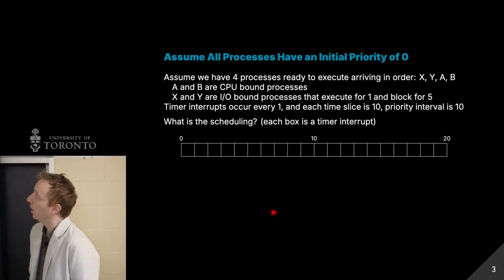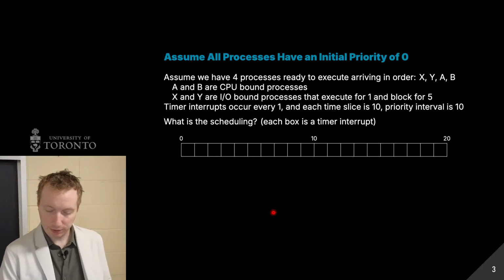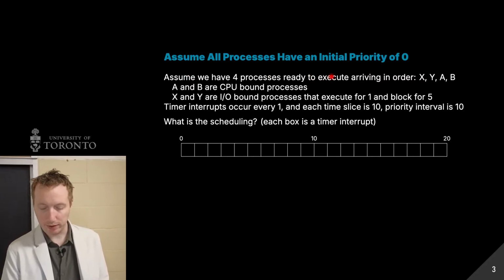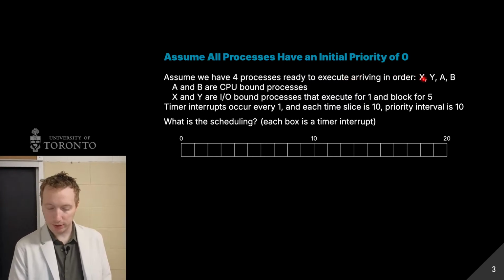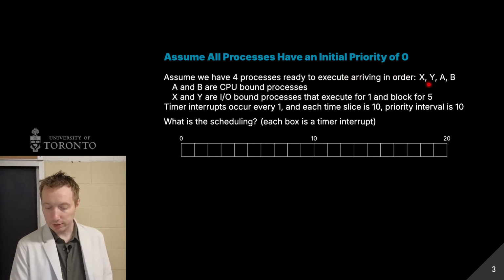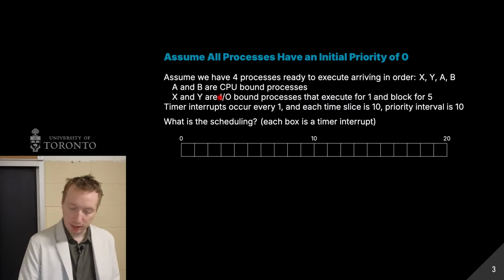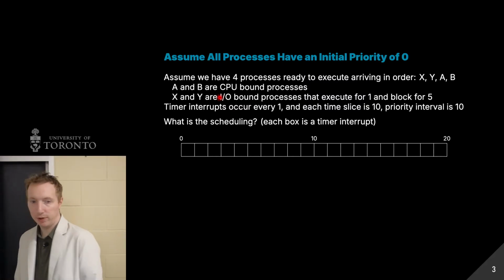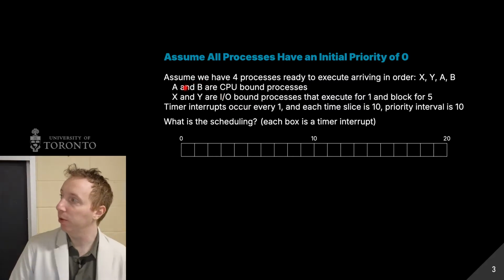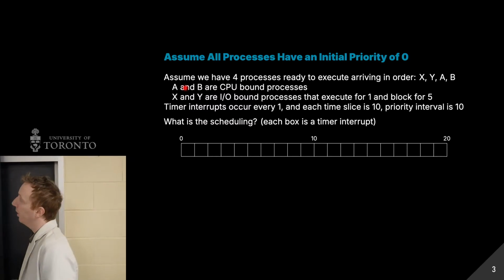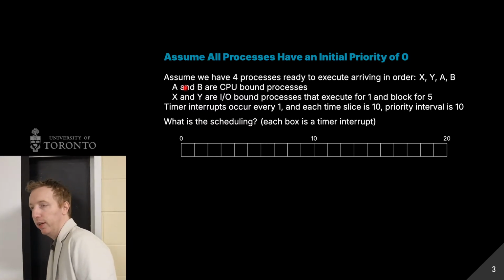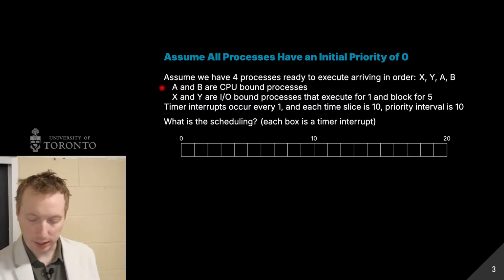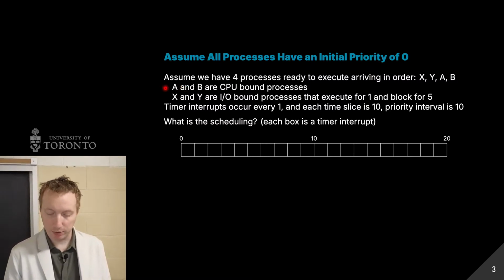So assume all the processes have an initial priority of 0, and they are all ready to execute, arriving in order X, Y, A, B, with another little twist. We'll call A and B CPU-bound processes. That means if they get selected to execute, they will execute for as long as you give them CPU for.